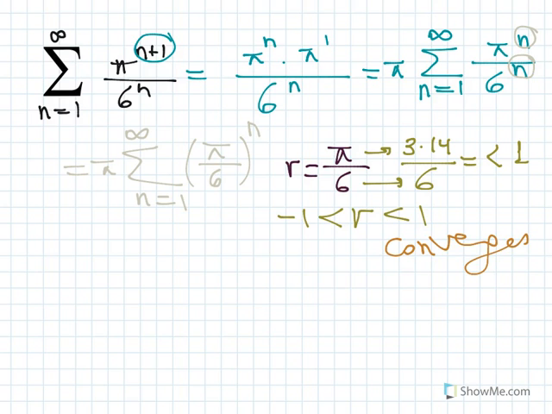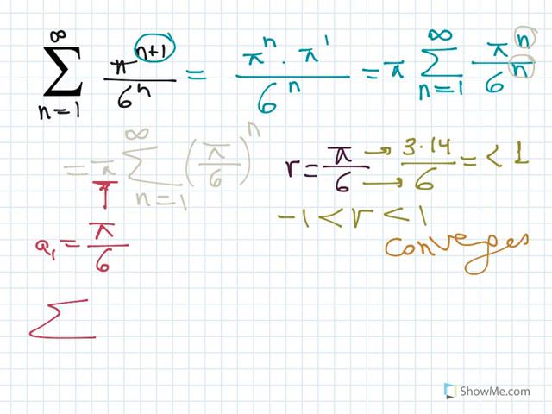The first thing you need to know about the sum is the first term, which is at n equals 1. So at n equals 1, it's going to be pi over 6 times pi, that's pi squared over 6. But I'm not going to bother with this pi, so I'm going to leave it at the end. So at n equals 1, a1 is pi over 6.